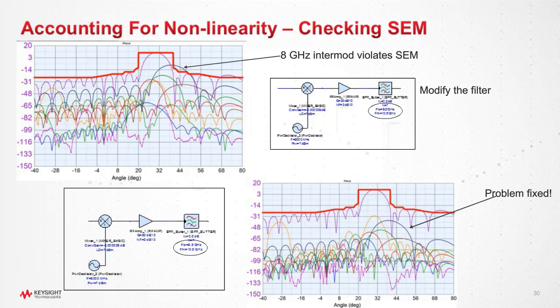We modified that to 9.5 to 10.5. So we tightened the filter a little bit, and when we resimulated and plotted the phi-cut plot again, all the spurious products have gone well below the emissions mask, the spectral emission mask that is mandated here.